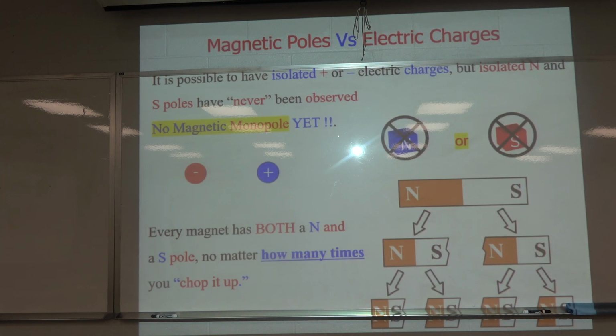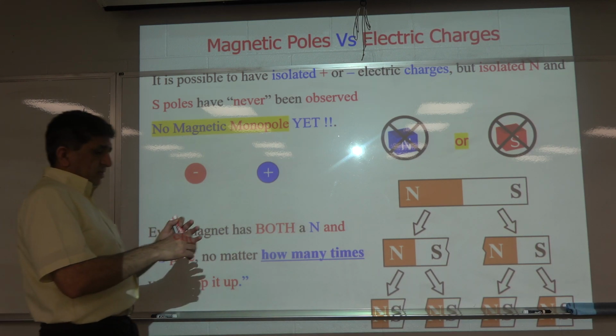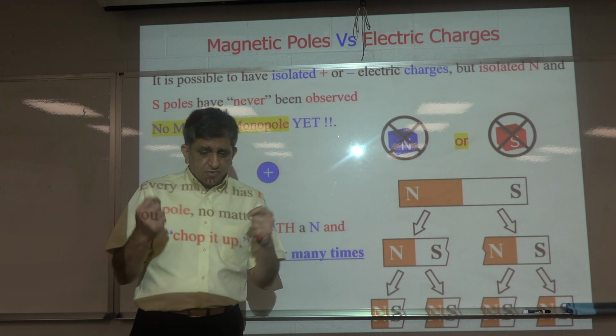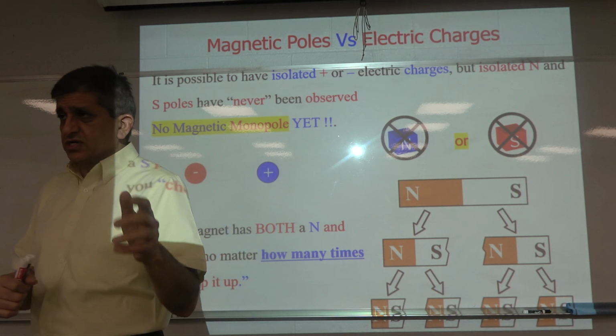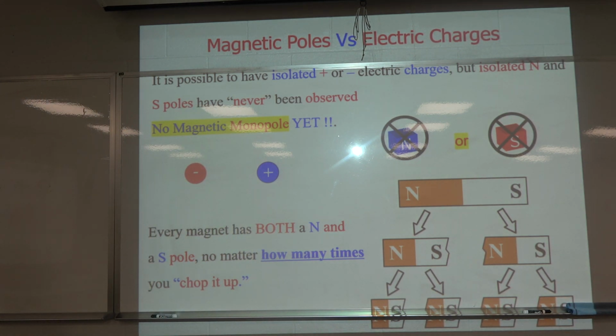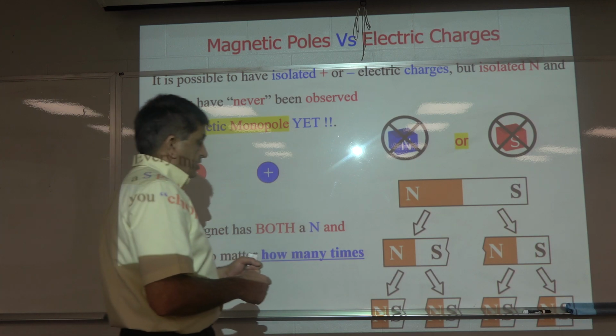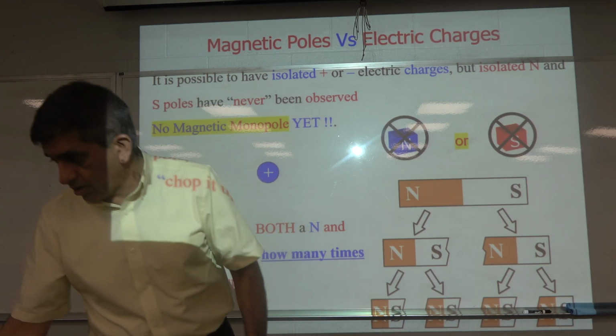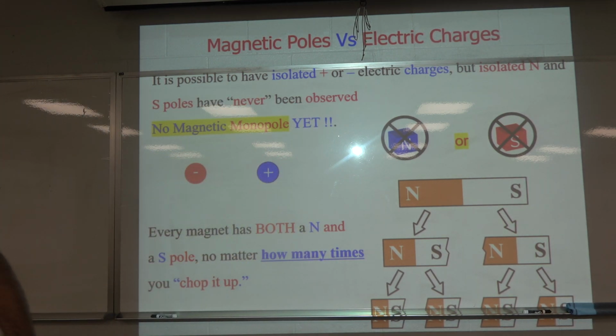However, in the case of the charges, as we said with the conservation of charges, when objects rub against each other, one object will become positively charged, whereas the other object will become negatively charged.